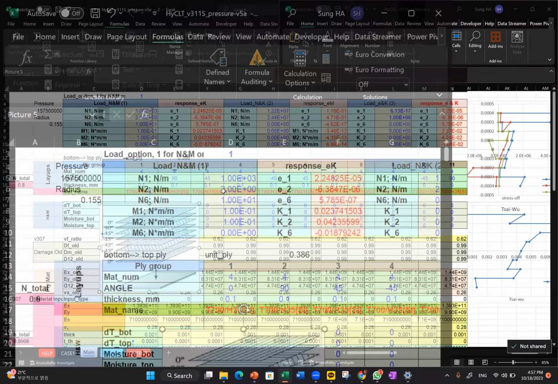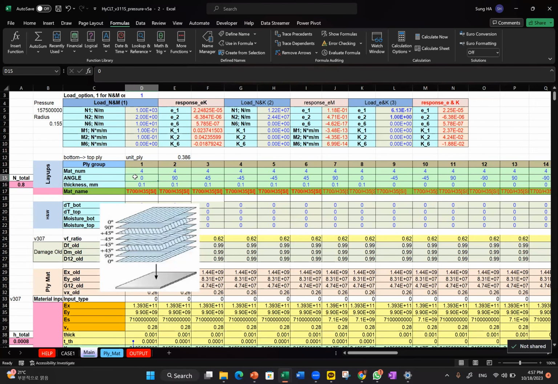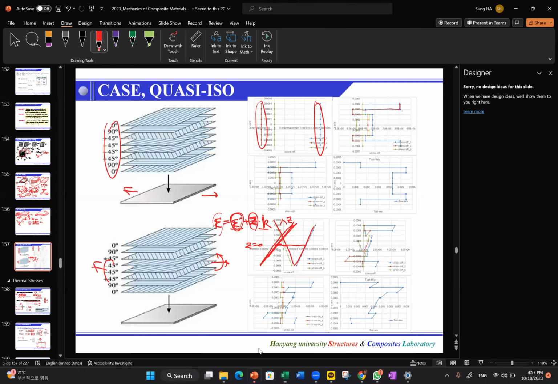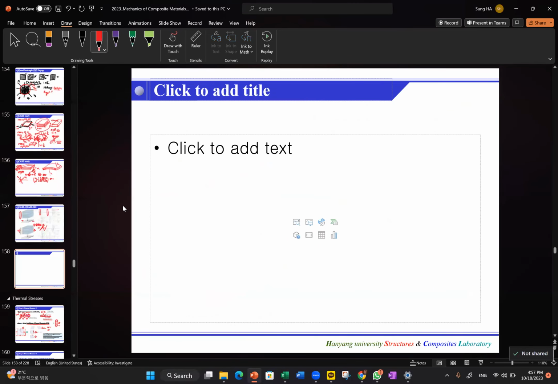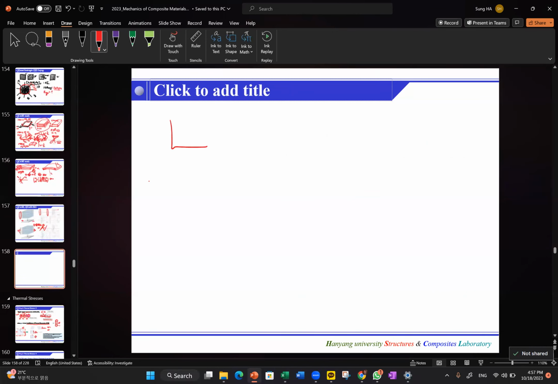And of course, you can see that for the biaxial laminate, something like plus, minus, plus, minus, this is very much the typical case when we make a pressure vessel like this.